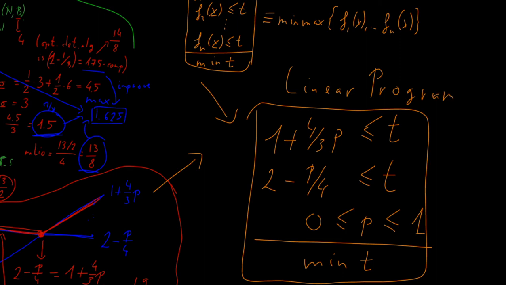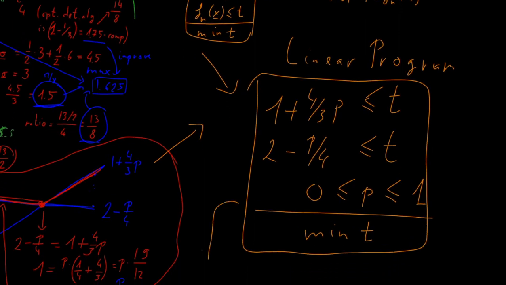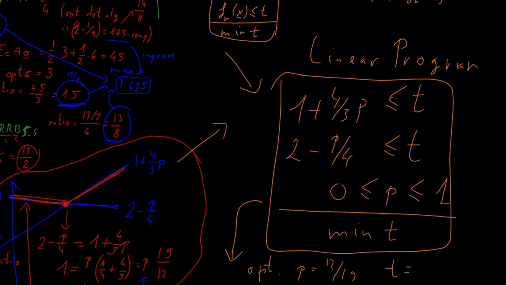And you have a course on how to solve linear optimization problems, LP systems. So if you just apply the methods you learned in the LP course, then of course you will get that the optimum value is p equals 12 over 19, and t will be the same as the optimum value.